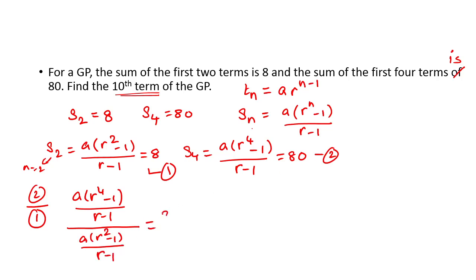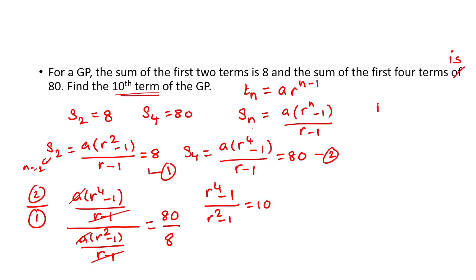This has to be equal to 80 divided by 8. So a can be cancelled, r minus 1 can be cancelled. What I have is r raised to 4 minus 1 divided by r square minus 1 is equal to 80 upon 8, which is 10.